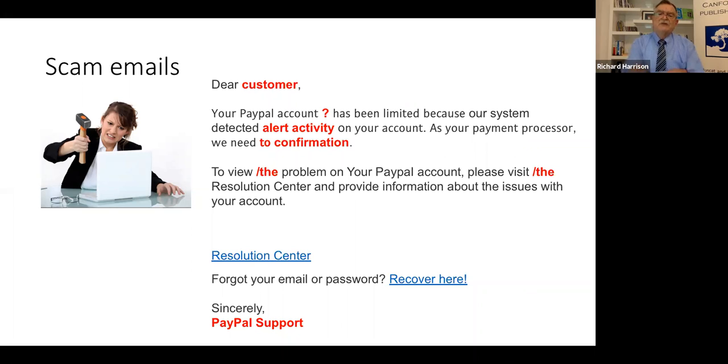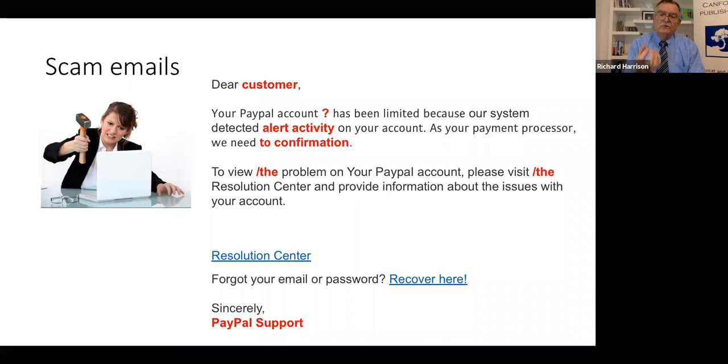And then there's some strange language here: "alert activity," and then "we need to confirmation." And you start to think, well, wait a minute, would a big company like PayPal send out emails that are grammatically incorrect? And then a couple of articles are missing as well.